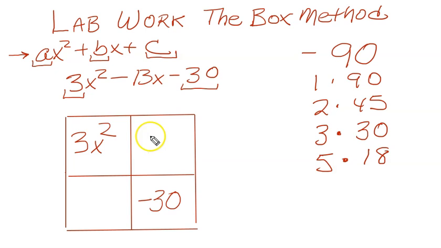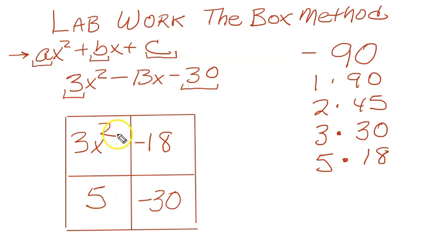So that's what we're going to do. We're going to put the 18 there and the 5 there. Now, we need a negative 13. So our 18 would need to be negative and the 5, in a sense, positive. We don't write the positives.